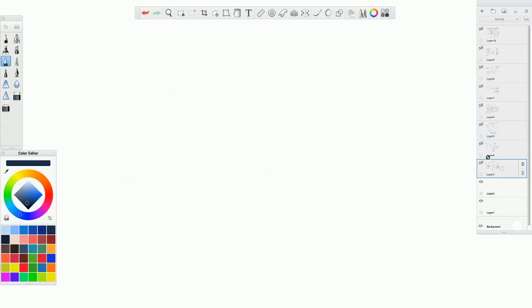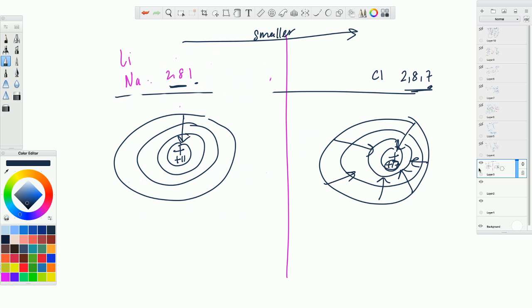Okay. So what were we talking about just now? Atomic radius, right? So if you go from up to down, the size as well as the atomic radius becomes bigger. If you go from left to right, the size and the atomic radius becomes smaller because of the attractive forces. For example, period 3, sodium has 3 shells, 1, 2, 3.